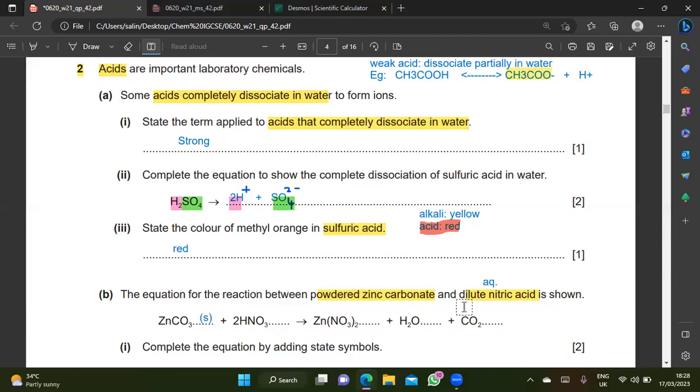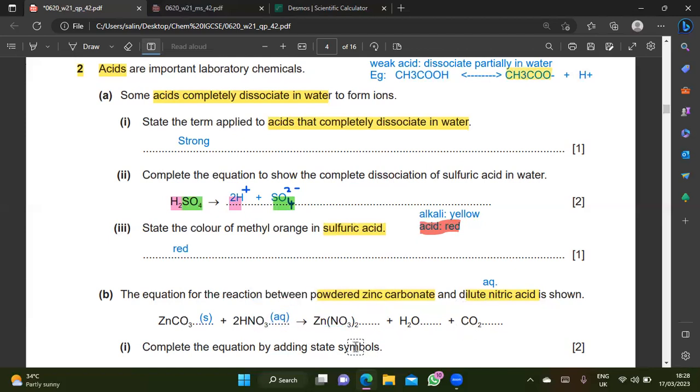Right. What about your nitric acid? Like we said just now, nitric acid should be aqueous, no doubt about that. Because diluted with water, aqueous, aq. Although they didn't give you the bracket, it's good to put it in a bracket, there you go. All right.